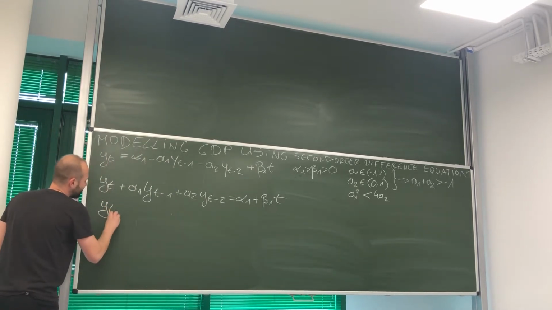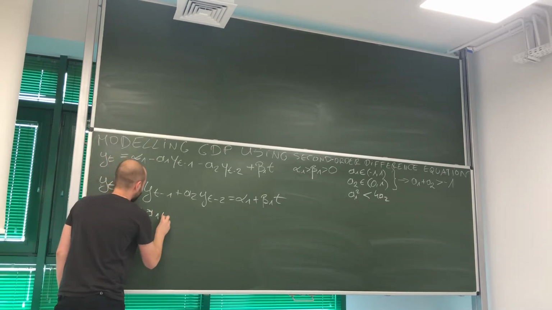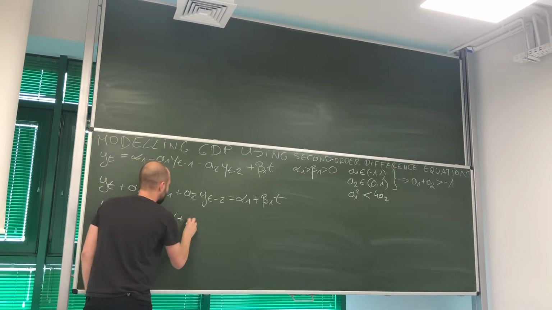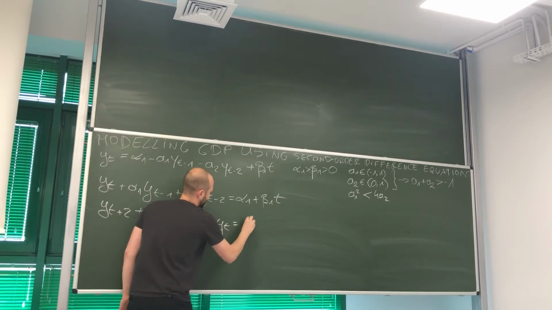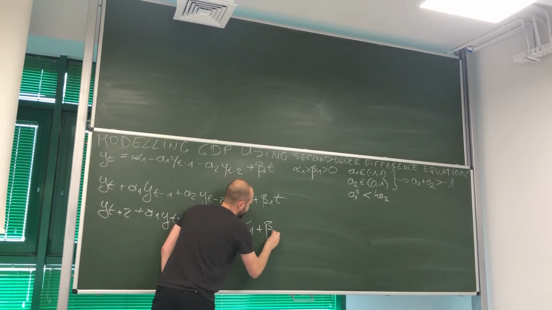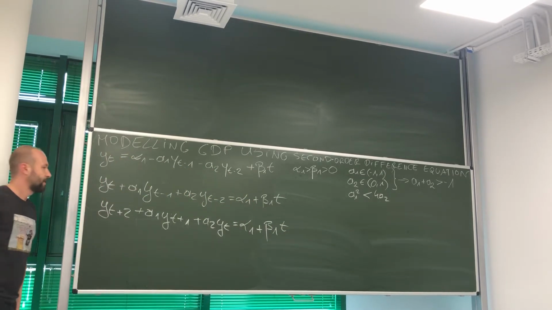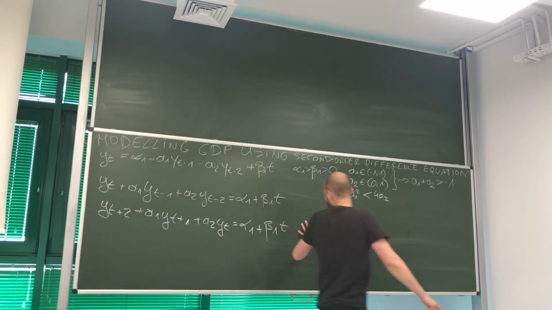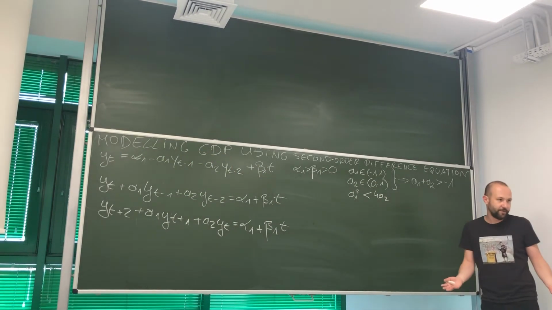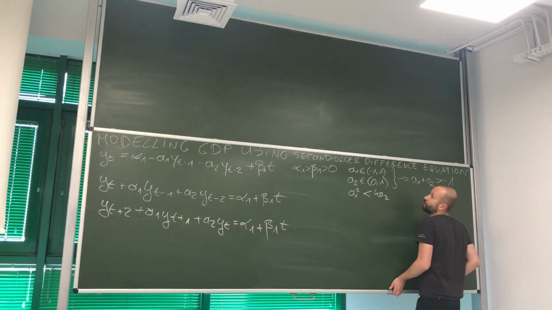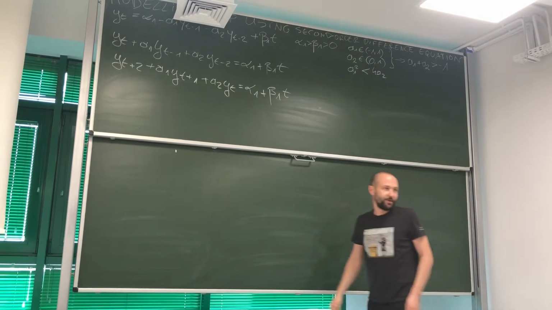So we get the equation that we know and like very much: y_{t+2} plus a1 y_{t+1} plus a2 y_t equals alpha 1 plus beta 1 t. Of course, those equations are equivalent. And now that we've got the equation in a form that is very familiar to us, what we should do next is to find the complementary function.